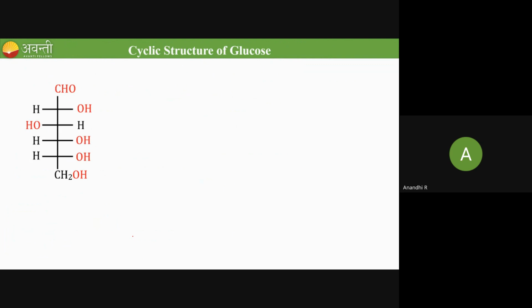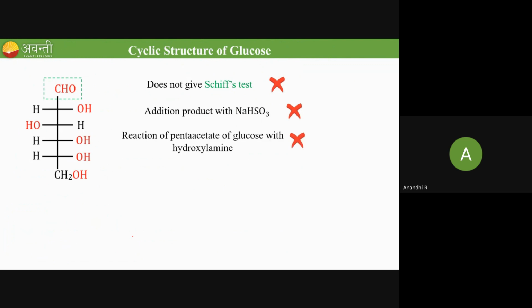How to get the cyclic structure from the open chain structure? Listen carefully. We have the C double bond O H aldehyde group present at the first position of this system. And this compound does not give Schiff's test, there is no addition product with NaHSO3, and there is no pentaacetate formation with hydroxylamine.